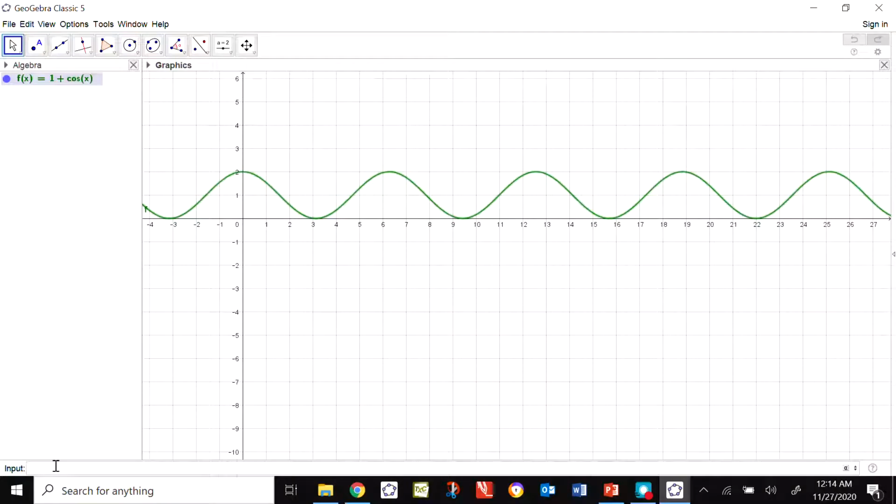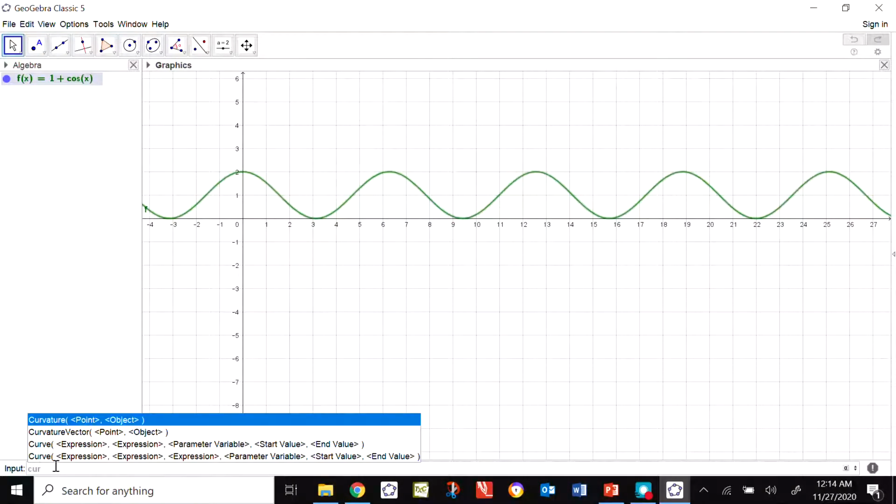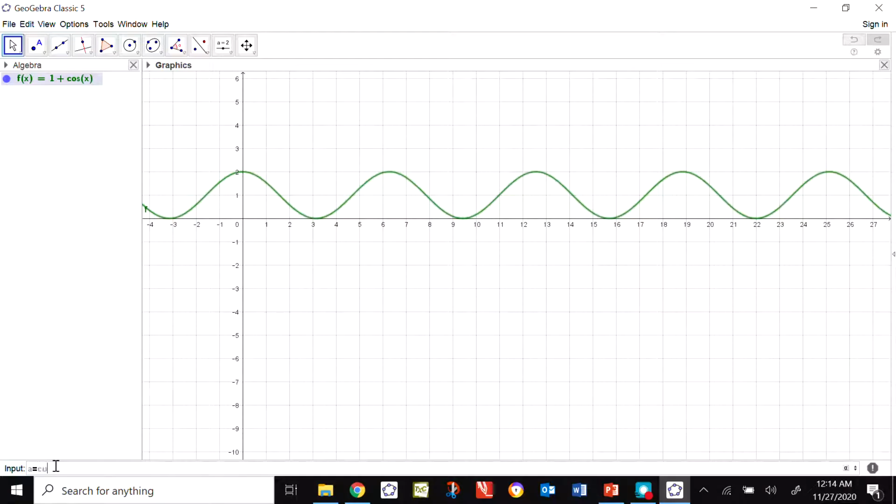So we got that curve, and then we'll say a equals curve, f of t times cosine t, comma f of t times sine of t, comma t, comma 0, comma 2 pi. And we got the graph.